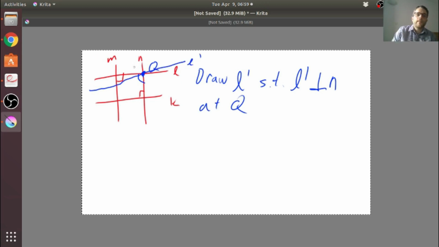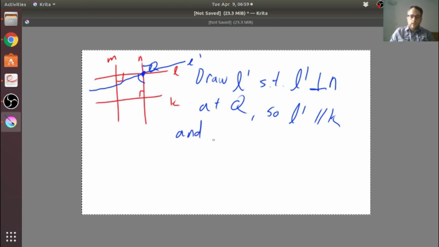And now this is perpendicular to N. Since it's perpendicular to N, L prime is parallel to K. The alternate interior angles theorem tells me that this new line I just drew has to be parallel to K. And L prime is going to be different than L, since I'm assuming that this angle is not a right angle. Well, that's a problem.